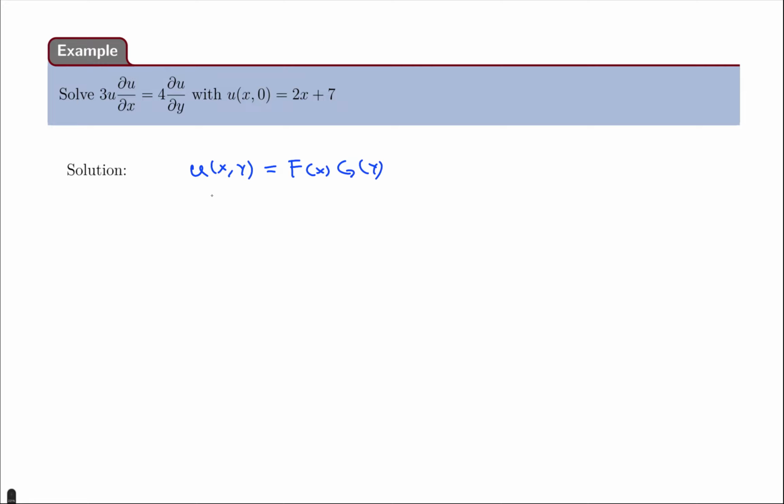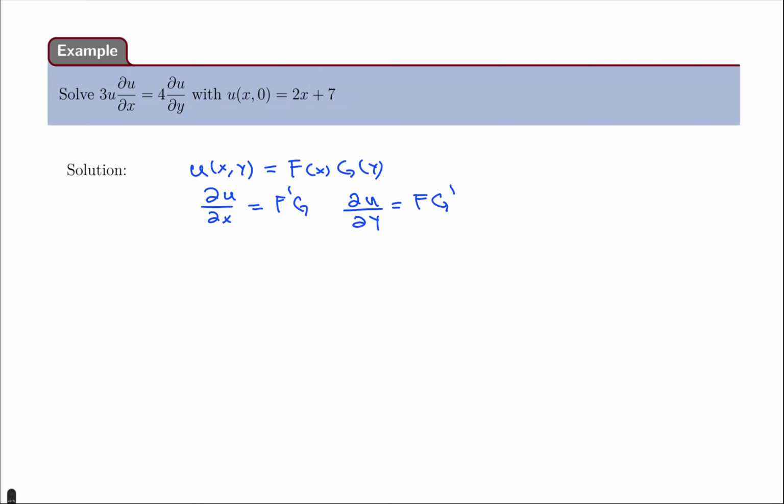All right, so we're going to take the necessary derivatives as required by the PDE. That is the partial of u with respect to x, which is f prime g, where g remains constant, and the partial of u with respect to y, which is f g prime, where f remains constant and g becomes g prime.